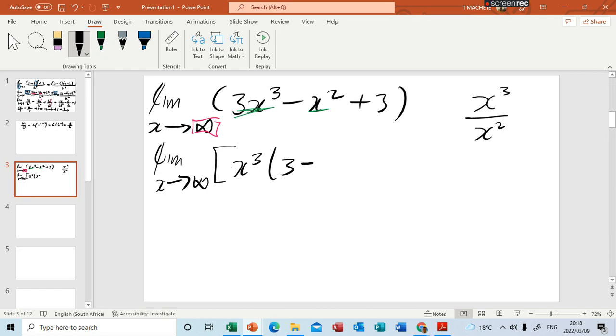I think we have to use the opposite of multiplication, which is division, and divide each and every term. Yes, you divide each and every term. That's correct. That's what you're doing.